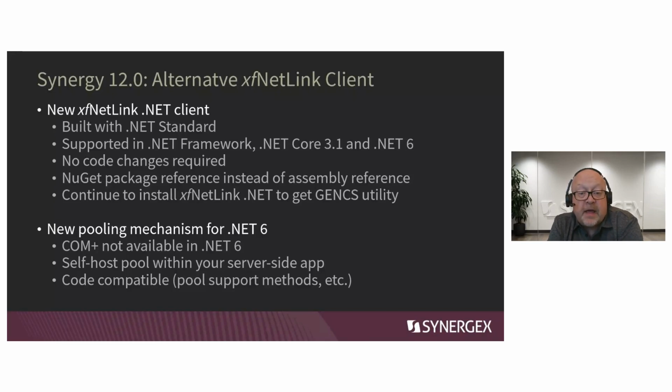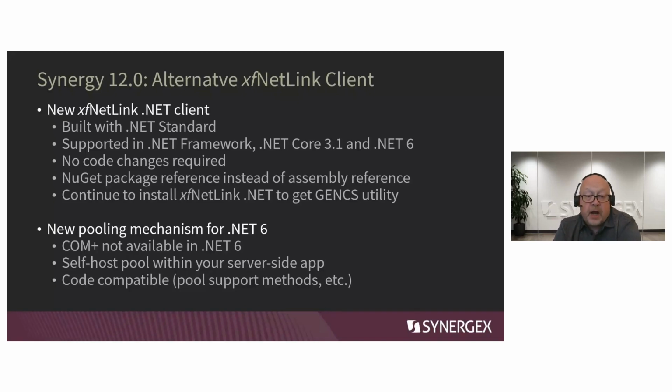So this means that the same version of the package can be used not only from .NET Framework from 4.6.1 to 4.8 versions of the framework, but it can also be used from .NET Core from version 2 through 3.1, and it can also be used in .NET 5 and .NET 6 applications. So this gives .NET developers much more flexibility to use the client to access Synergy logic and data from many additional applications and environments. The new client is code compatible with the earlier .NET Framework only client.